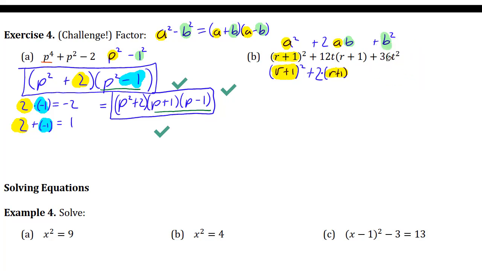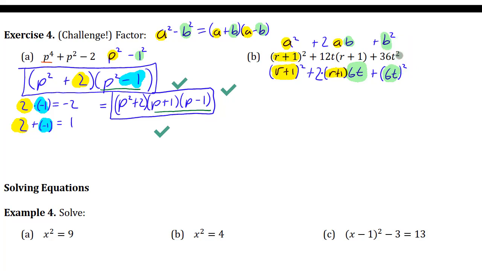That would be 6t. So I'm going to write this as 6t quantity squared now. So sorry, 36t is not b. B is actually 6t, because when you square all of the product 6t, that gives you 36 times t squared.